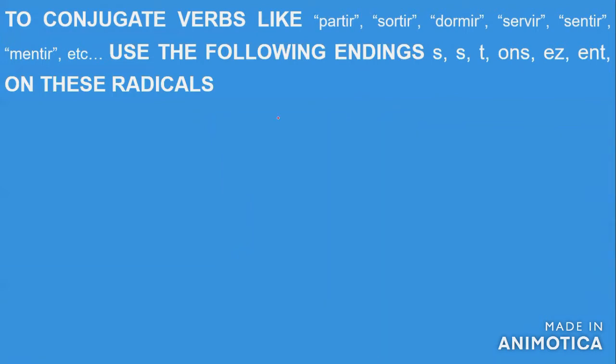So now, how are you going to do that? Let's take a look. Partir, as a third group verb. First of all, for je, tu, il, and elle, singular, you are going to use the first three letters as your radical, okay? I have my first three letters and I add S on it, and you have je pars.